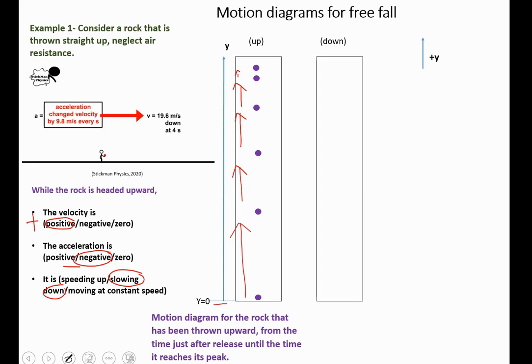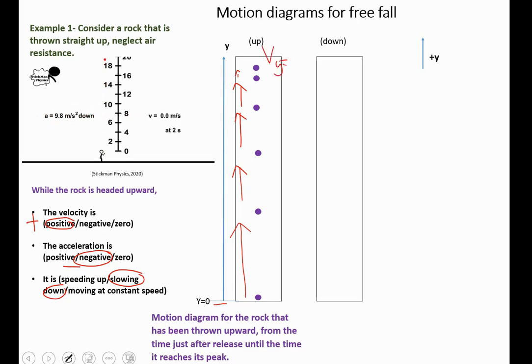So the velocity of the object decreases by 9.8 meters per second every second until it becomes zero at this point. So at the turning point, the velocity will become zero, because in order to turn around, the ball's velocity must pass through zero.